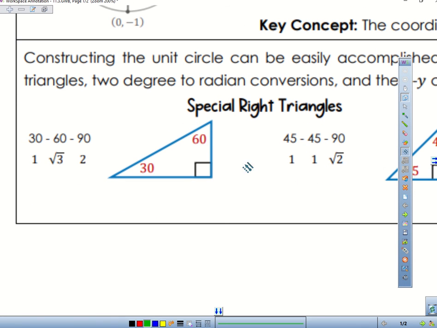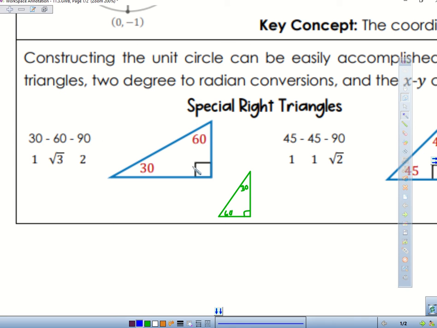And I'll draw you a little diagram of what I mean by that. It could be like this instead. So it's the same triangle, but it's tipped sideways so that the 60-degree angle is here and the 30-degree is here. So the triangle isn't any different, but it's a different perspective. All right, so just keep that in mind. There's different versions of that triangle.